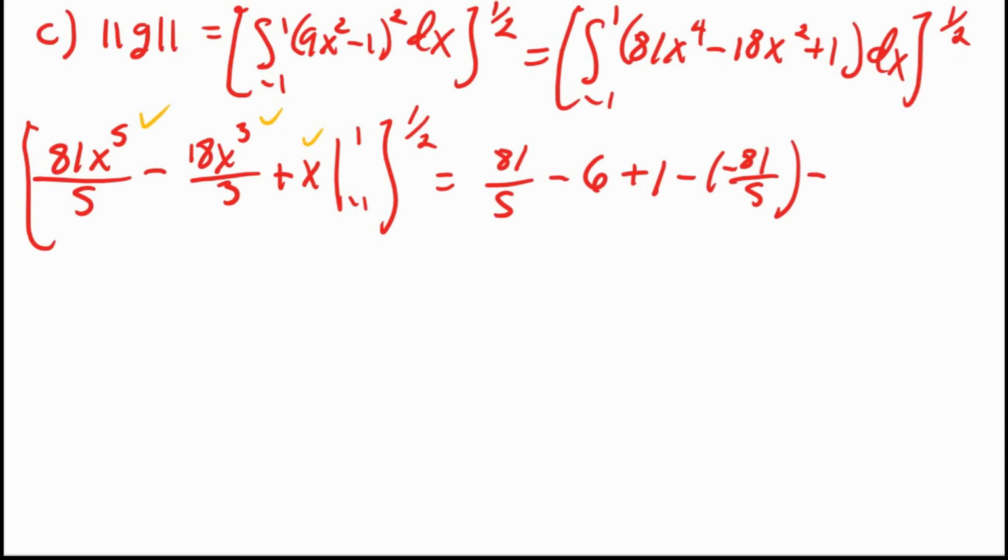Here we do minus this minus, so that becomes plus, and then 18 divided by 3 is 6, and then this is multiplied times x to the third, which is negative 1 to the 3, excuse me, is negative 1. And then it becomes minus this x, but that's minus a negative 1. And all of that, we're doing the square root.